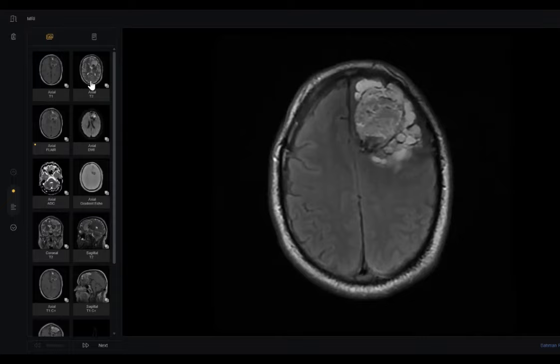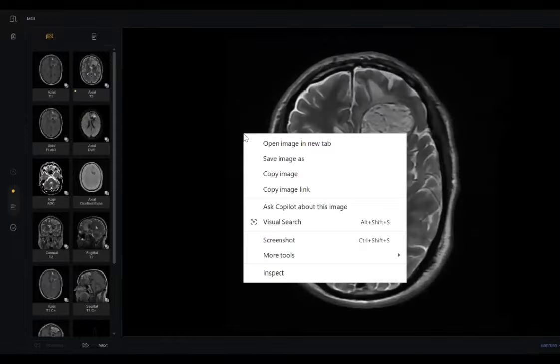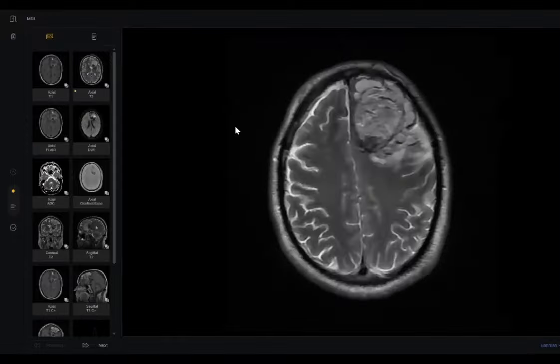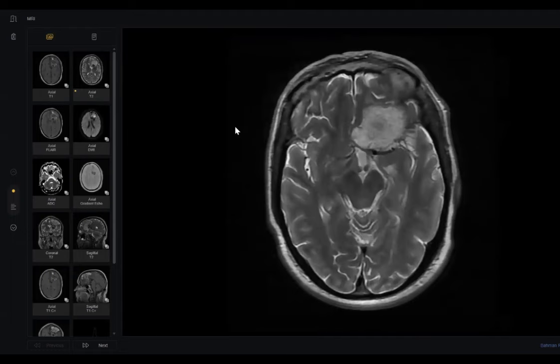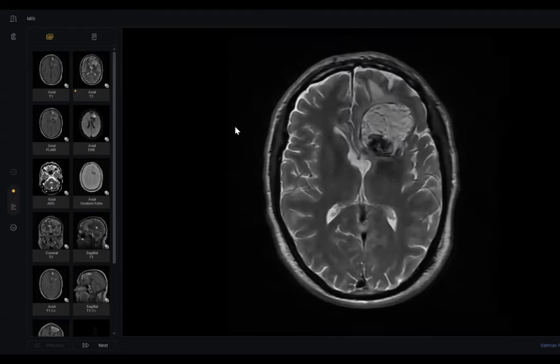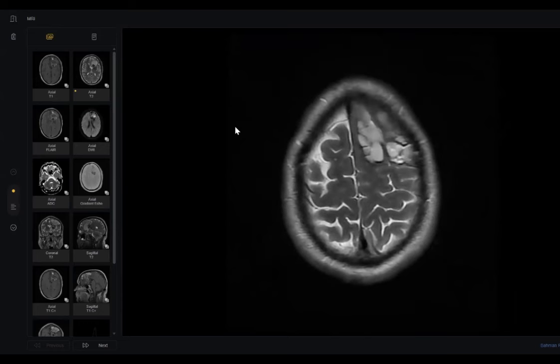No hydrocephalus is seen. Which sequence do you want? T2 weighted. So again, there is redemonstration of the lesion, which appears hyperintense, and some of it is hypointense within it.